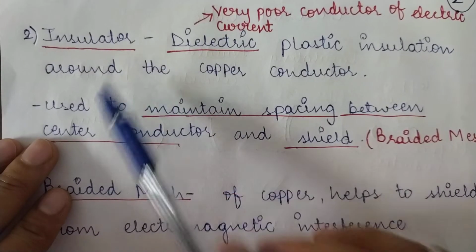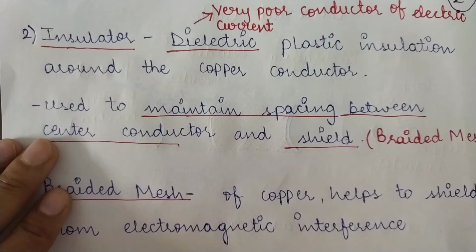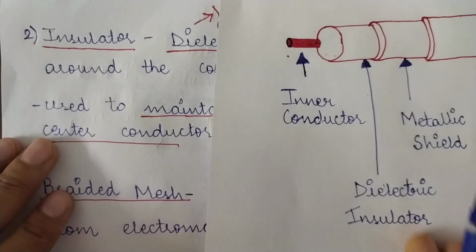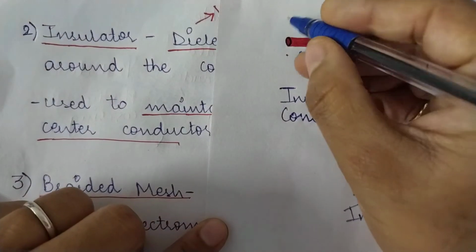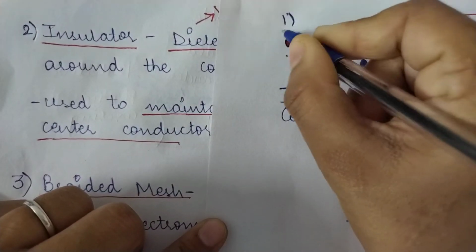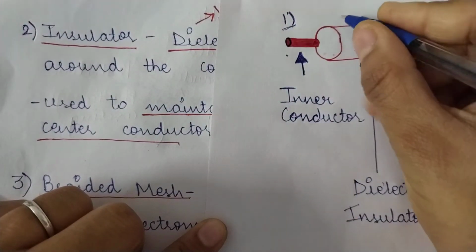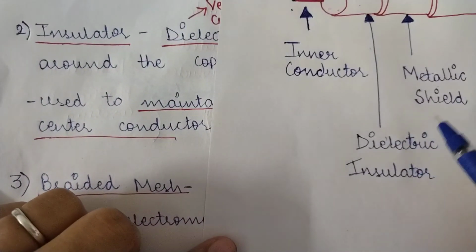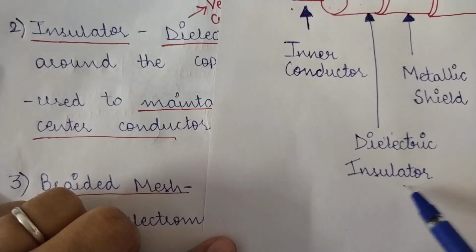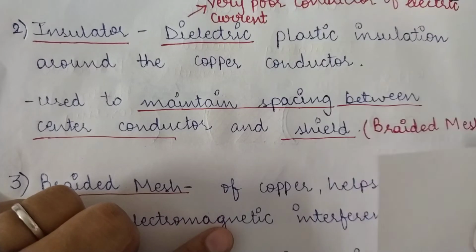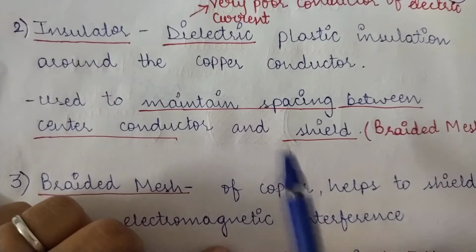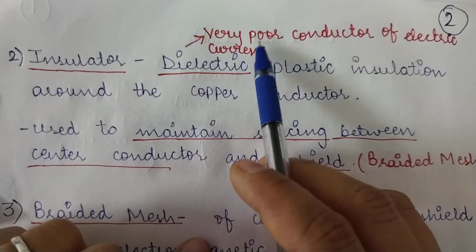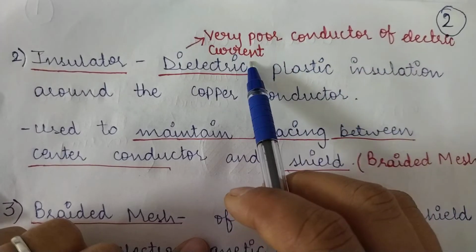This insulator, the dielectric insulator as I call it, is the second thing we are discussing; the first thing was your inner conductor. Now this insulating material is also known as the dielectric insulator. Why dielectric? Because it is a very poor conductor of electric current.